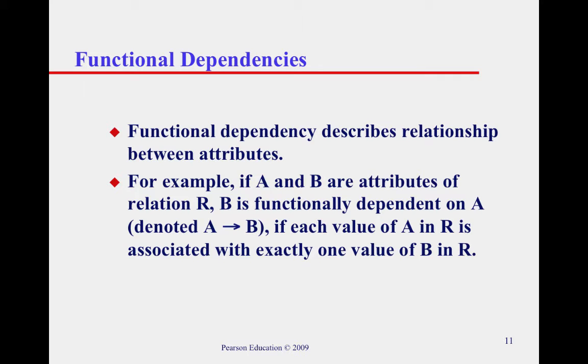And we say that B is functionally dependent on A if each unique value of A is associated with exactly one value of B. Okay, so it's kind of like a key. Remember, a key uniquely defines a tuple. It's not quite like that, but each unique value of A has exactly one value in B.